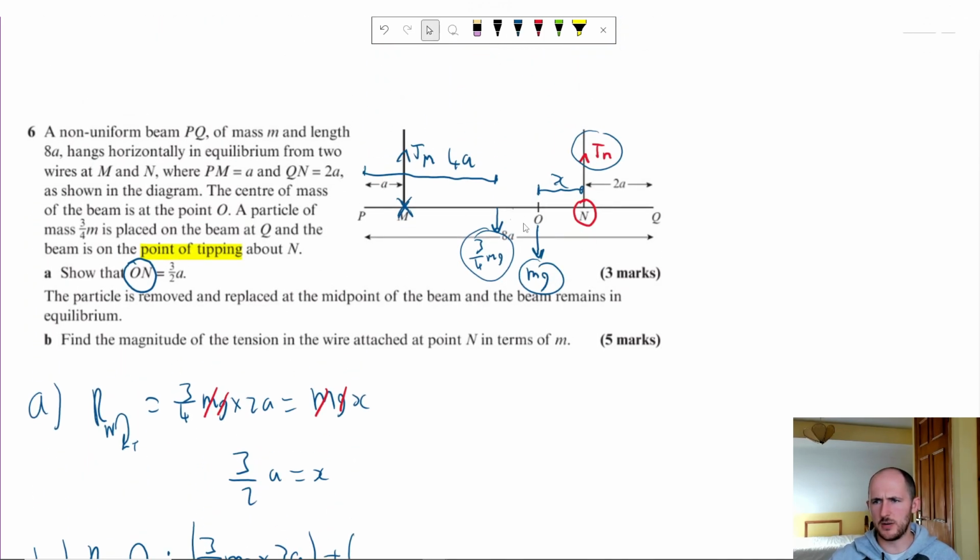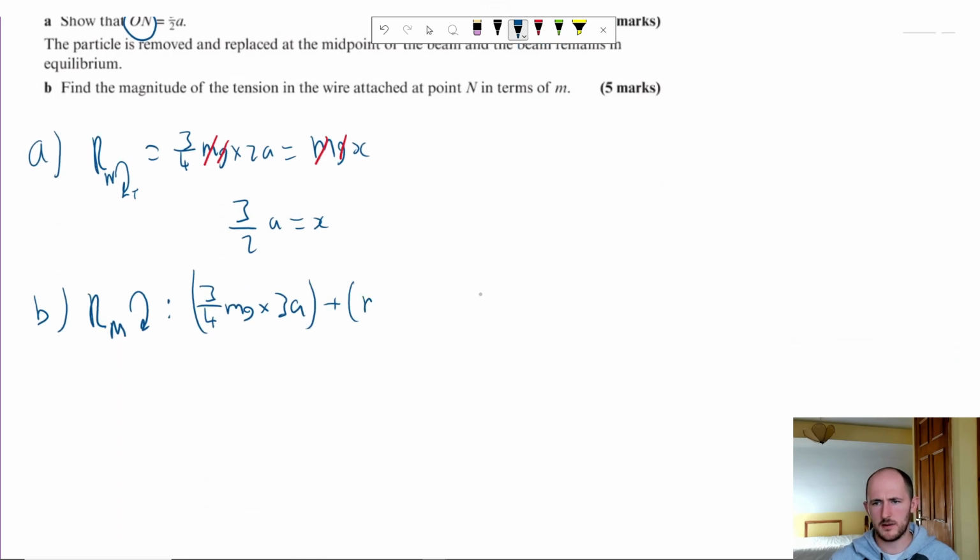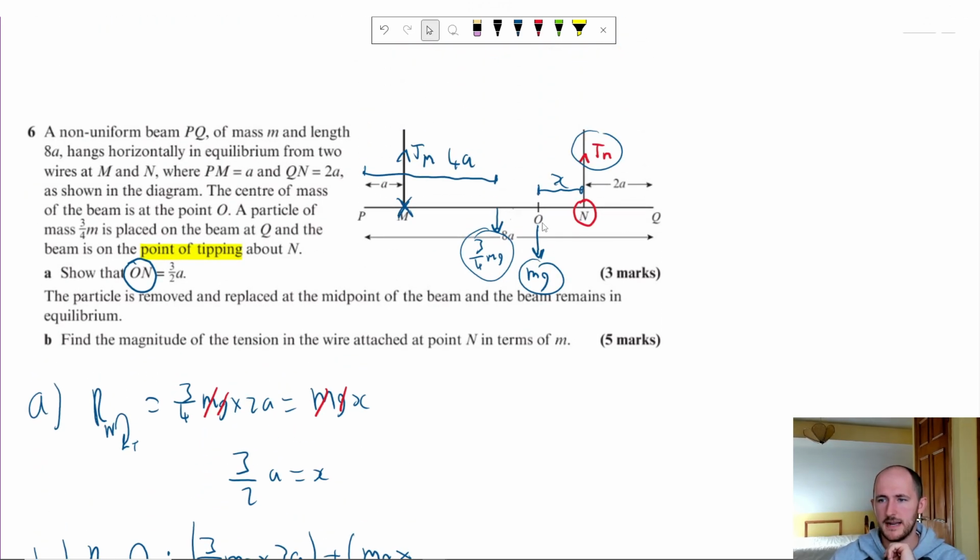Then we have mg, which is at point O. And how do I want to define this distance? Well, I know that the distance from N is x, so that's 3 over 2 a. So what I might do is remove that for a second. That's 3 over 2 a. The distance here, well, we have 2a on this side, a on this side, and the full thing is 8a.